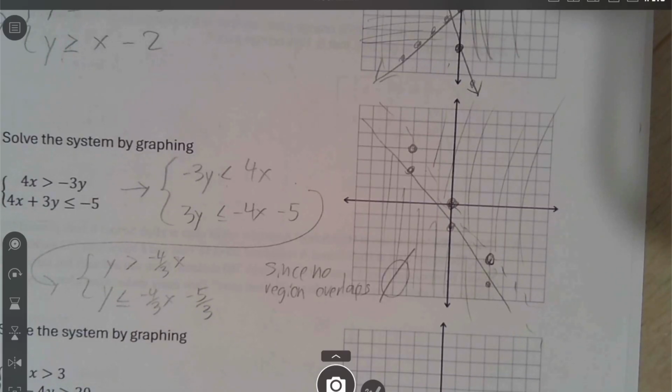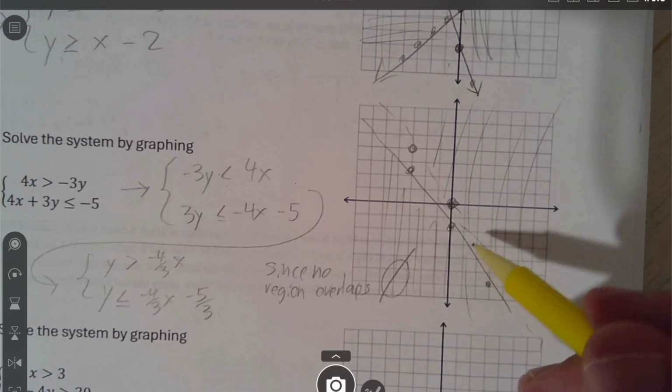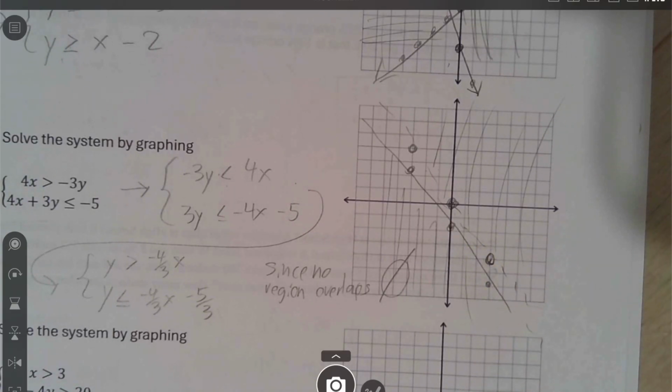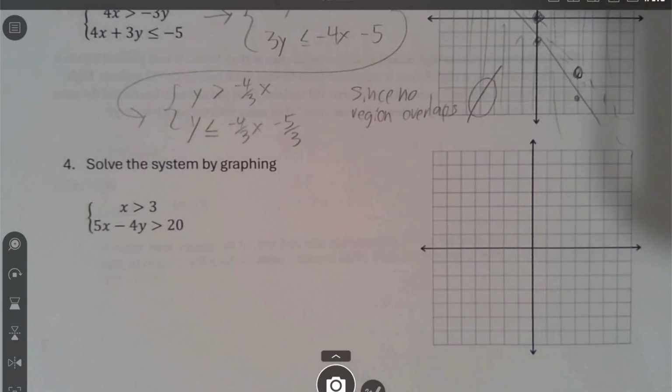It's possible that no shaded regions overlap, and I'm going to say it is pretty much only possible in these parallel line equations, because that's where you have the potential to have lines that will never cross. So in this specific scenario, when the one above goes up and the one below goes below, there's no chance for any interaction because they're never going to cross, and so those shaded regions will never overlap. All right, one more real quick.